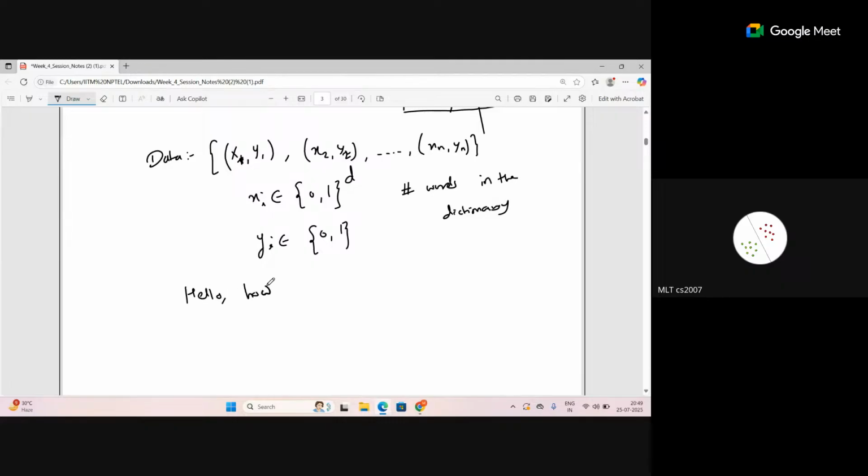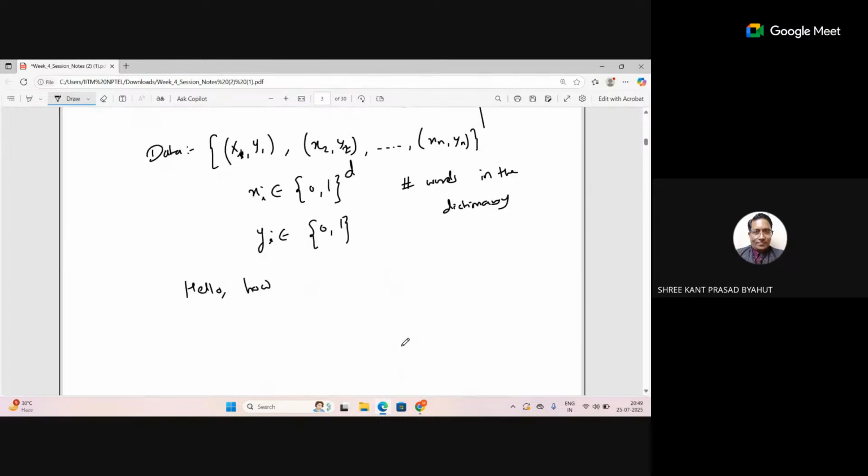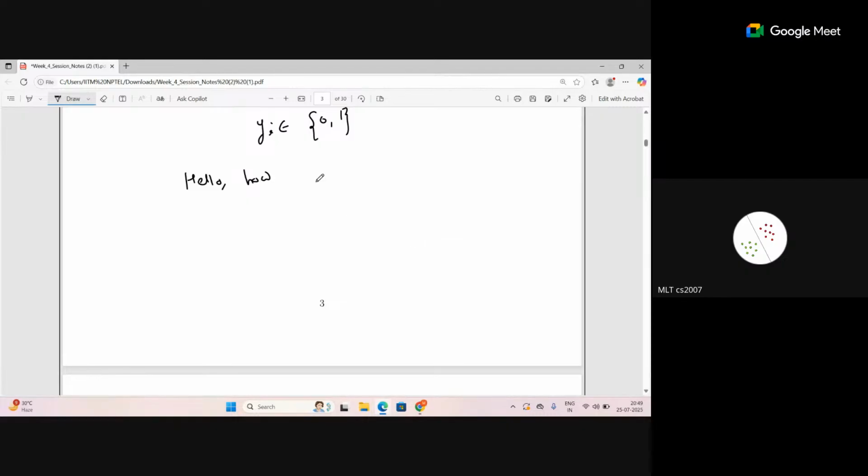What I said initially is that the same word will have a different distribution in spam and non-spam, right? This part is also fine.